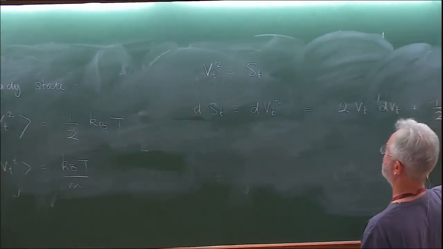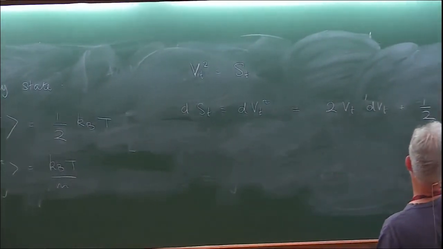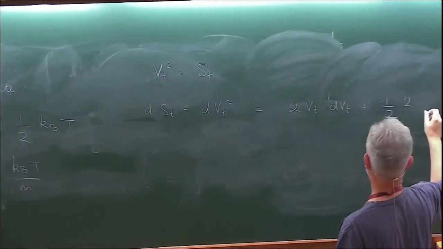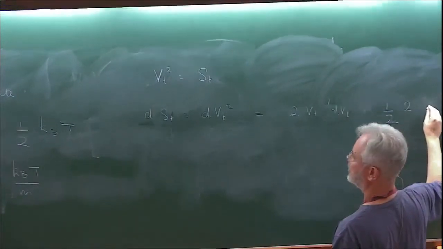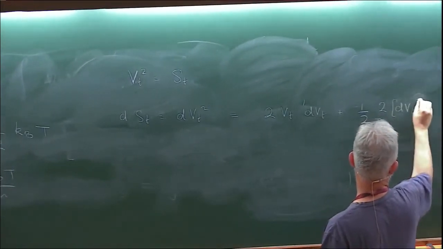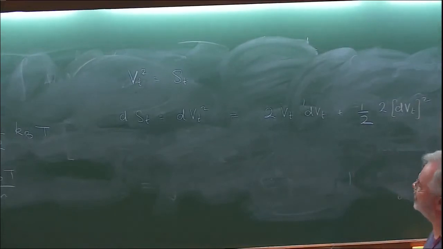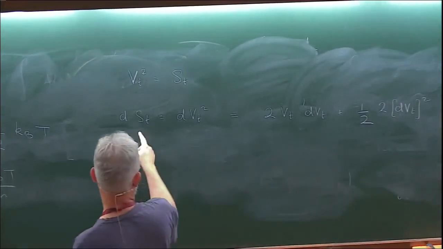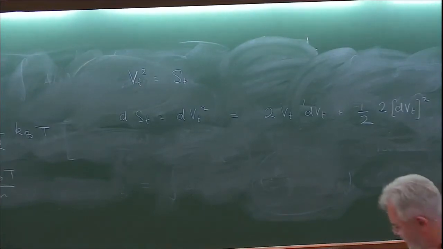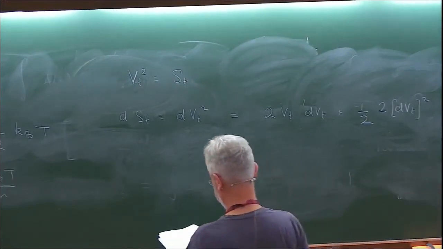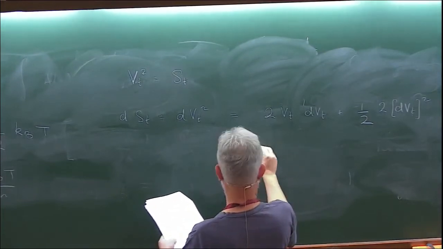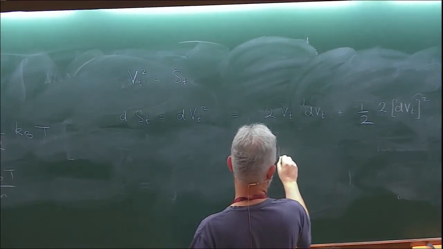I have to take the second derivative of V squared, so that will give me 2, and then this is going to give me... yeah, if I use the Ito rule for the function S equal to V squared. Okay, so this is equal to twice V of t.